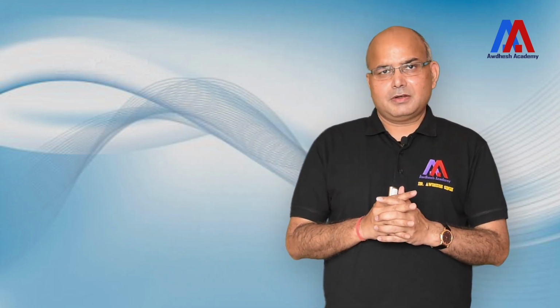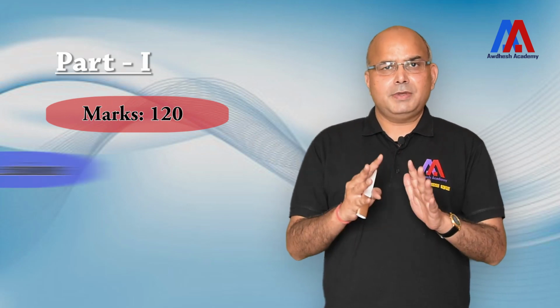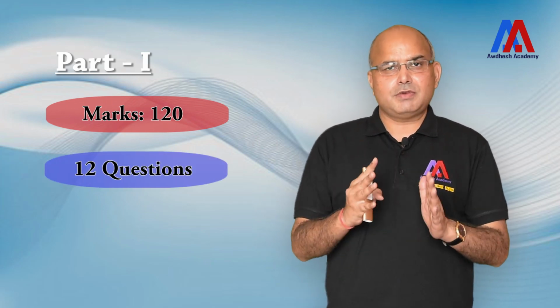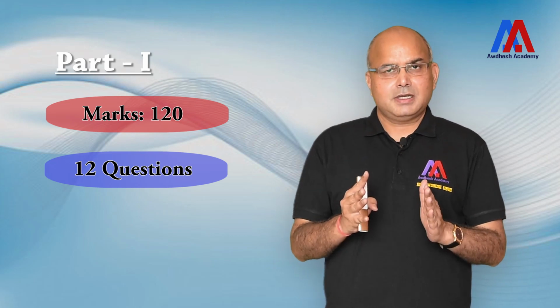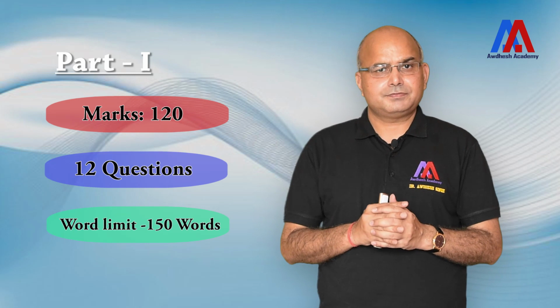Now this particular paper has 2 parts. The part 1 of the paper will be of almost 120 marks. There will be around 12 questions and each question will be of 10 marks and you have to answer the question in around 150 words. Now these questions will consist of a specific question from the syllabus.